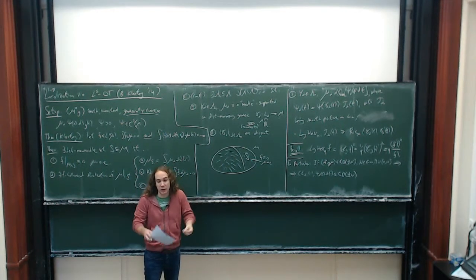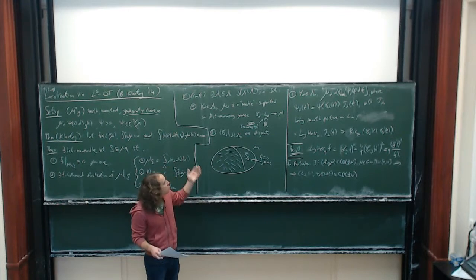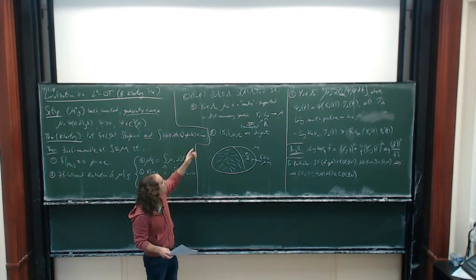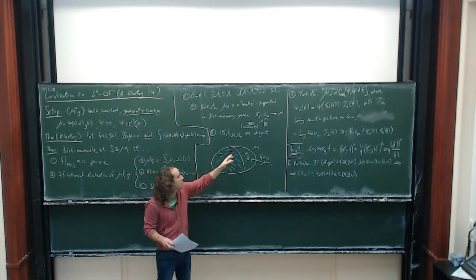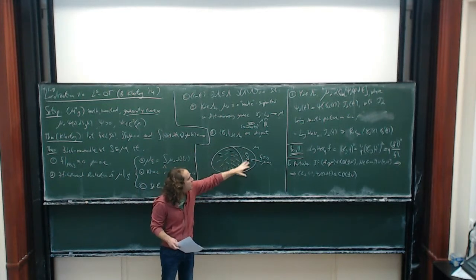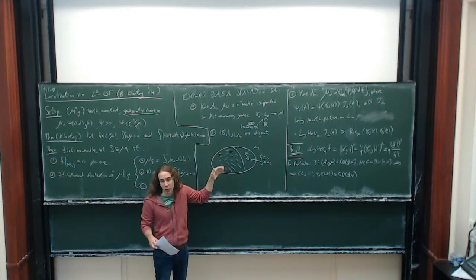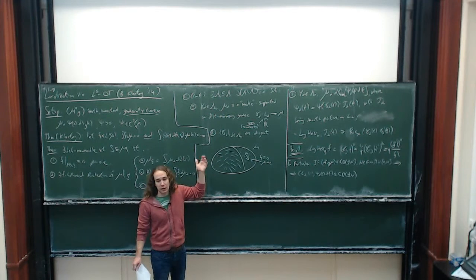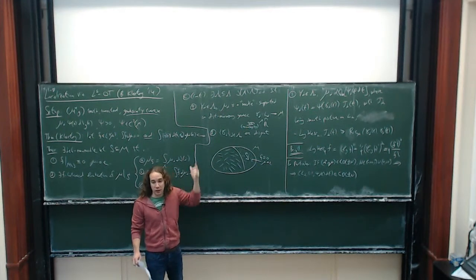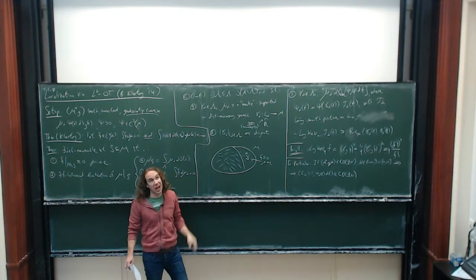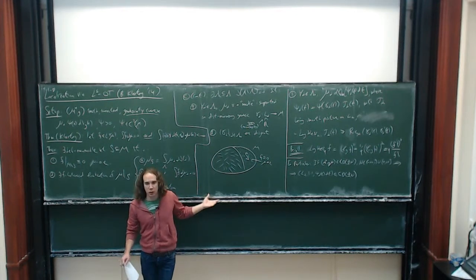So we're going to construct this partition. This index lambda is the equivalence class under some relation which we're going to describe.